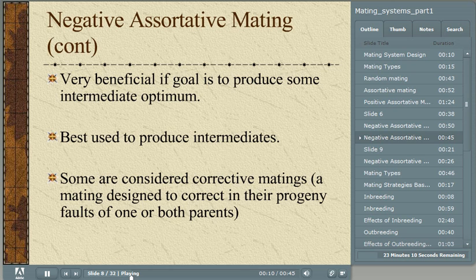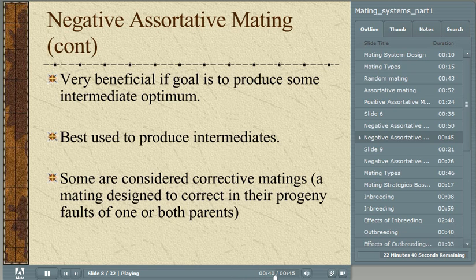Another term that this has been called is corrective mating. If over time your cattle have gotten too big and they require more feed than your ranch is capable of producing, or they're capable of consuming on a foraging basis, we might want to correct that in the next generation. We want to moderate cow size, so we'll breed them to bulls that have the genetics to produce females that are smaller at mature size.